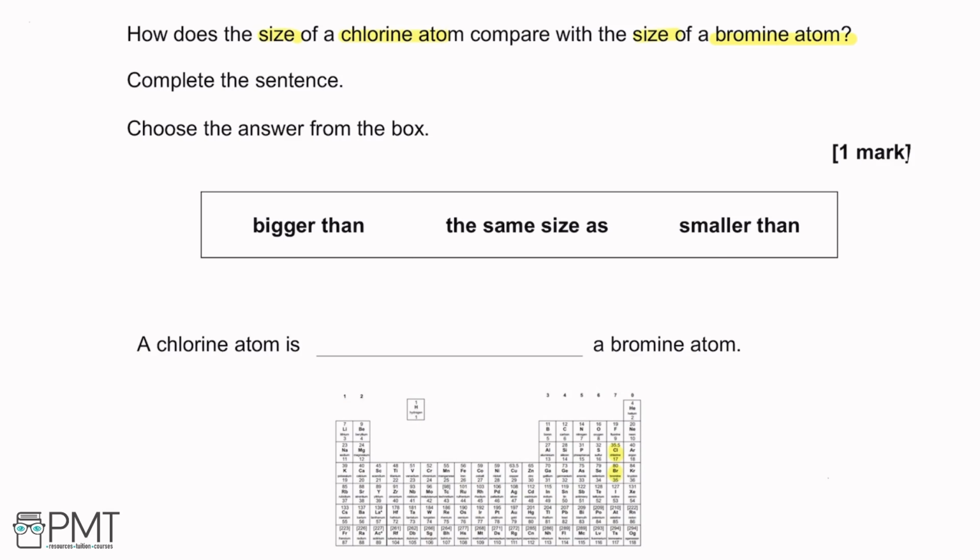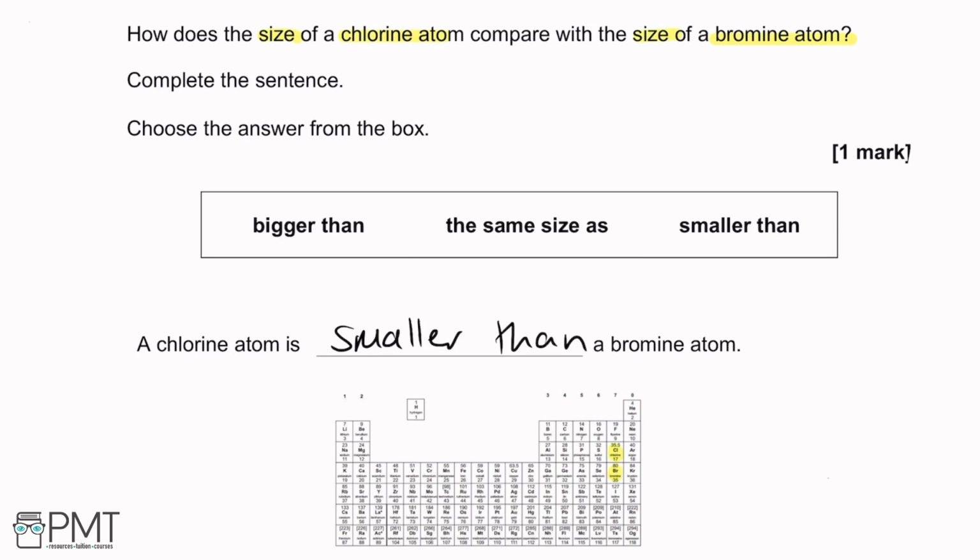And that's because as you move down the groups of the periodic table, you add a new electron shell. So bromine has one extra shell than chlorine does. So just from using the periodic table, we can say that a chlorine atom is smaller than a bromine atom.